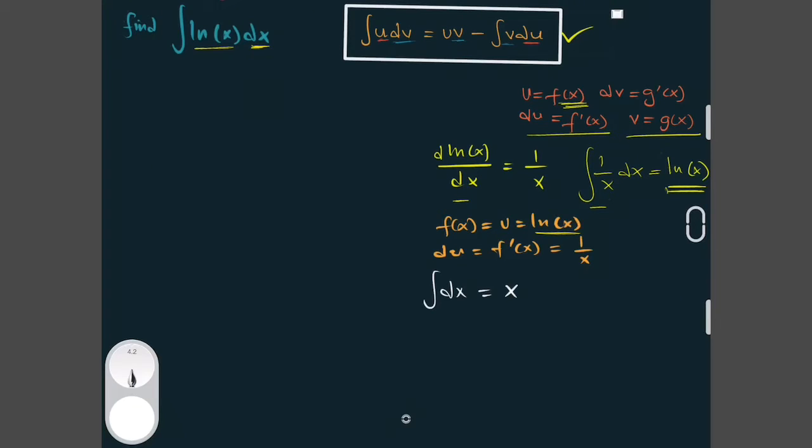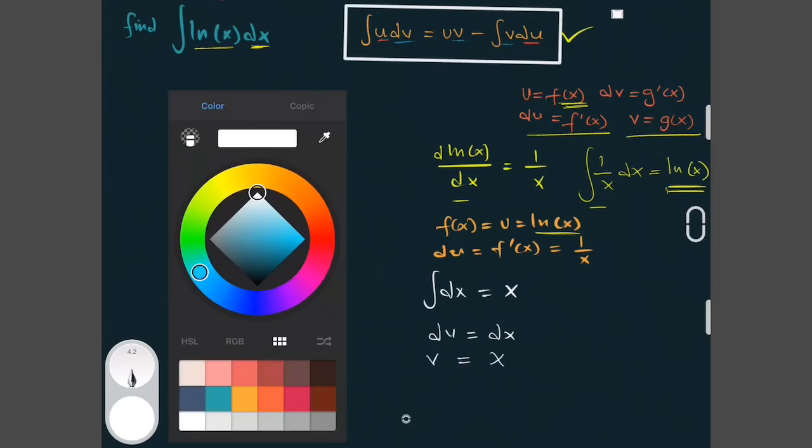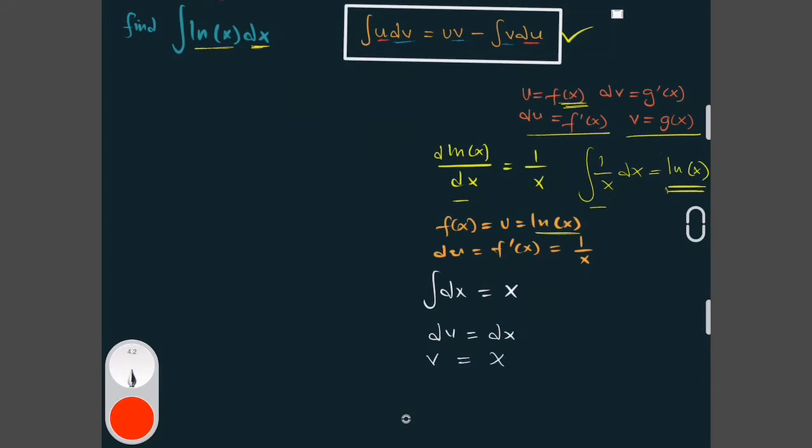This tells us that dv is equal to dx, and v is equal to x. So with all this knowledge, we could just substitute everything into our equation.